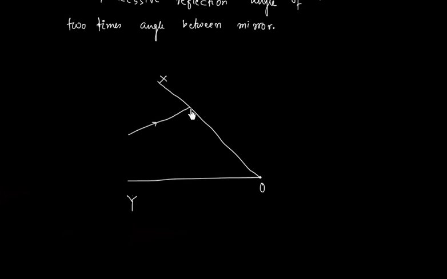We can make something like this. So this is the first reflection, this is the second reflection. These are two plane mirrors, OX and OY.